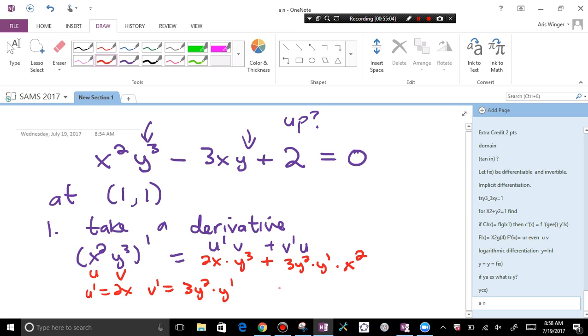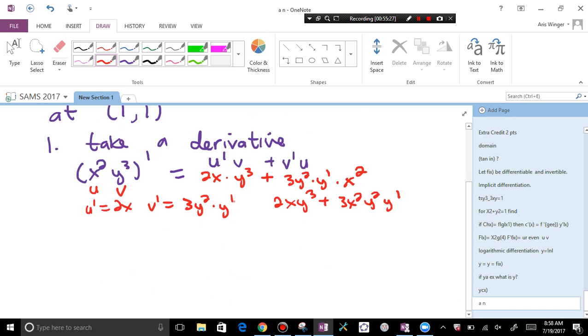So this first derivative is 2xy cubed plus 3x squared y prime. The derivative of this we've now done. And again, if you practice enough of these, and I'm sure Jessica will make sure that happens, we'll be able to do all of this in one line.